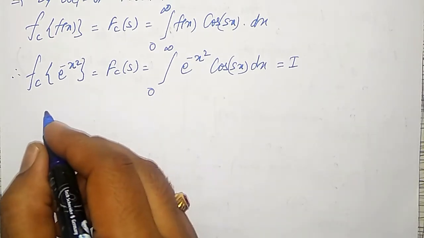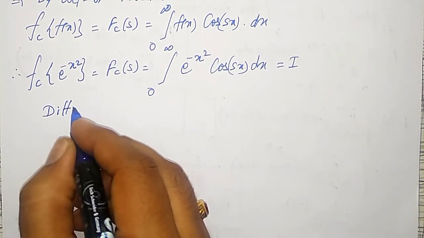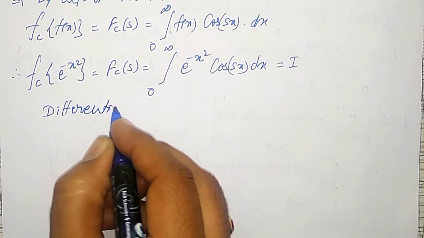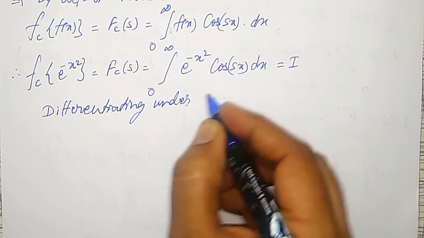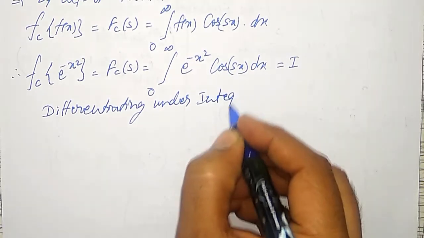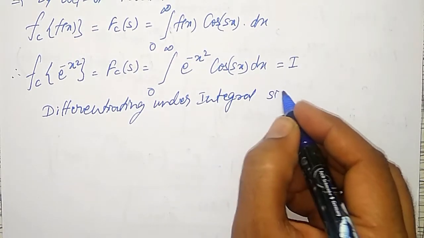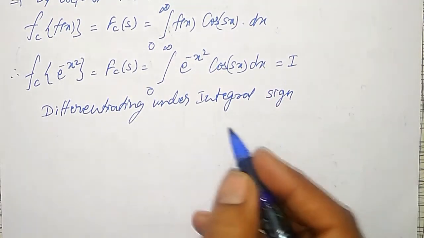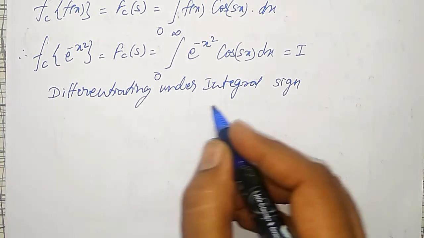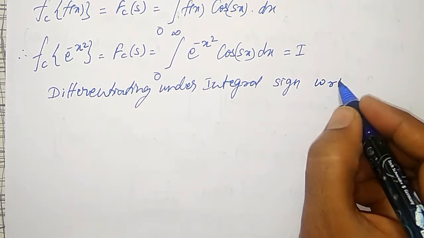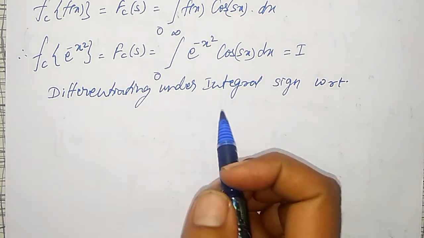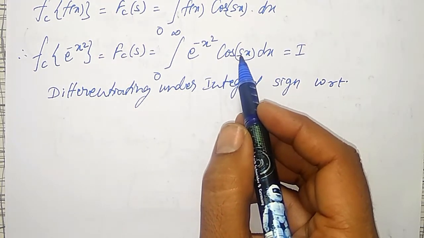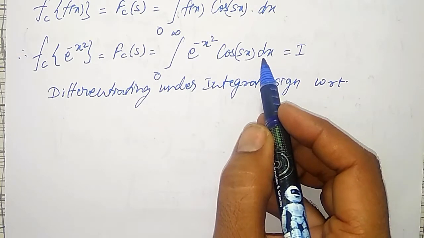Now, differentiating under integral sign. Differentiation is important with respect to what? With respect to s, I have to differentiate. With respect to x, I cannot because I am going to integrate here.